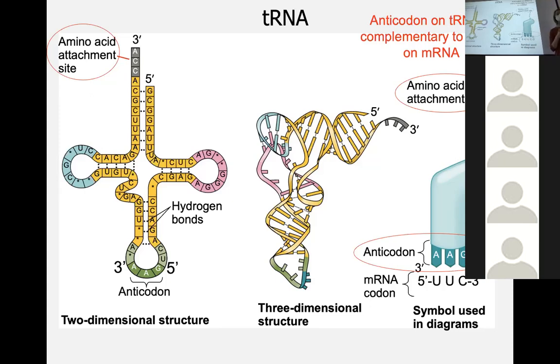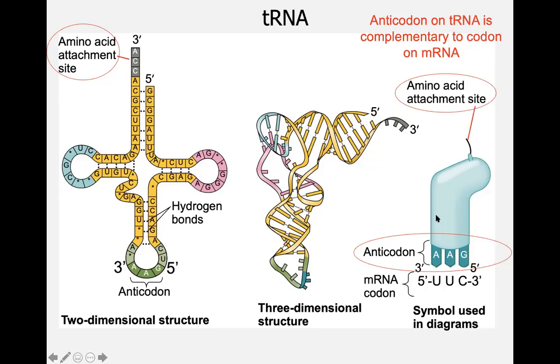The complementary base pairing comes in down here with the codon and then the anticodon. If we're imagining down here, we have the long mRNA molecule on the bottom. So for you guys on Zoom, this would be the mRNA molecule.